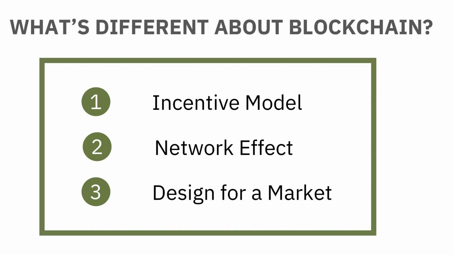So we need to be driving network effects, and we need to be thinking at the level of a market. These are the three big things, I think, which we need to have top of mind, which are different about building a financial justification for a blockchain network as opposed to more traditional technology.